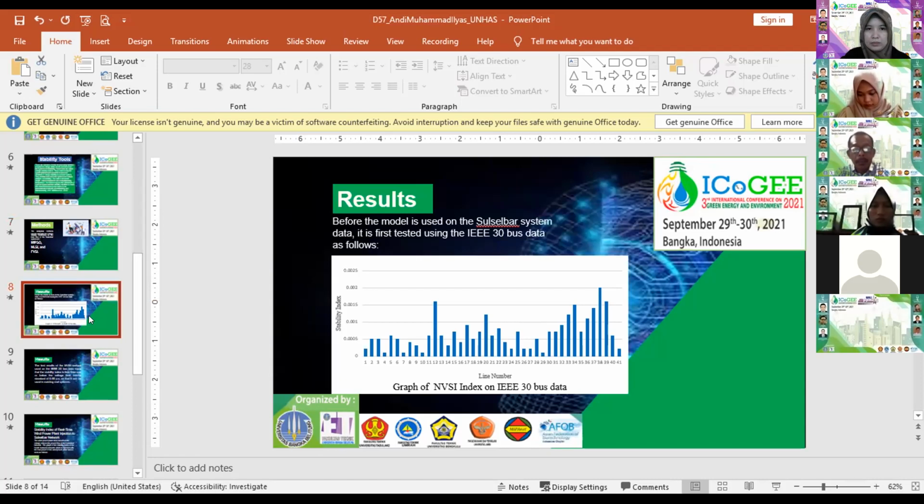Result. Before the model is used on the South Sulawesi system data, it is first tested using IEEE 30 bus data.